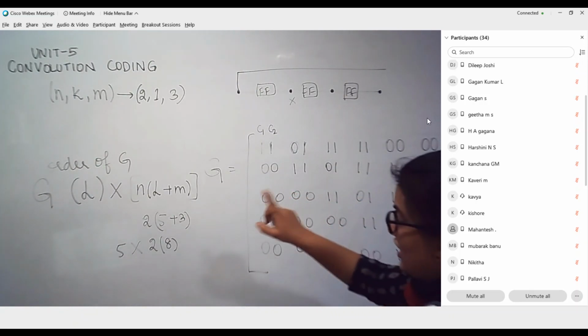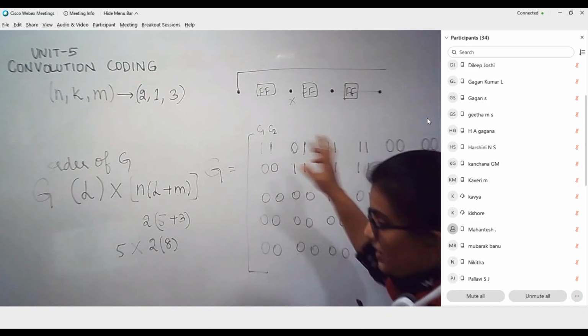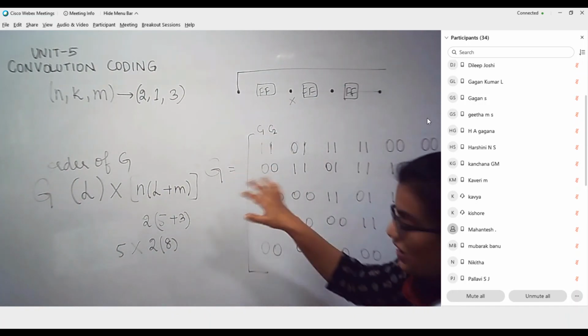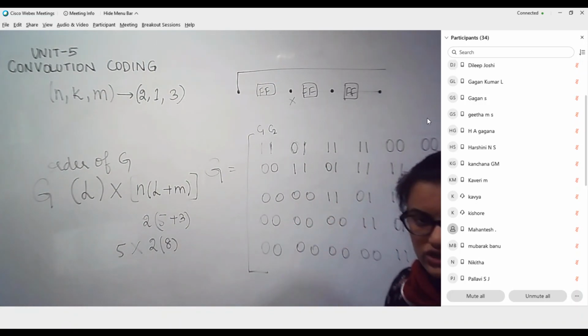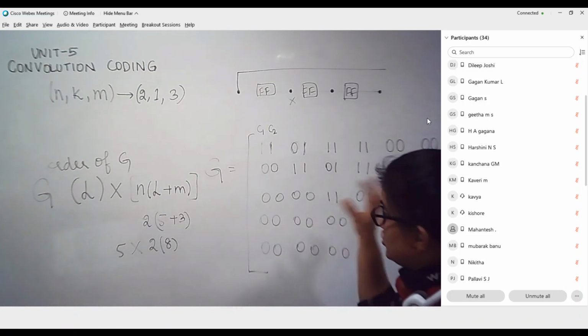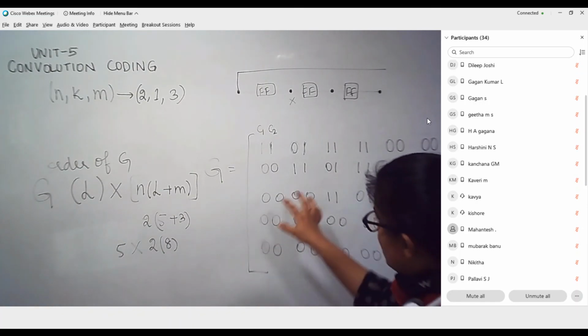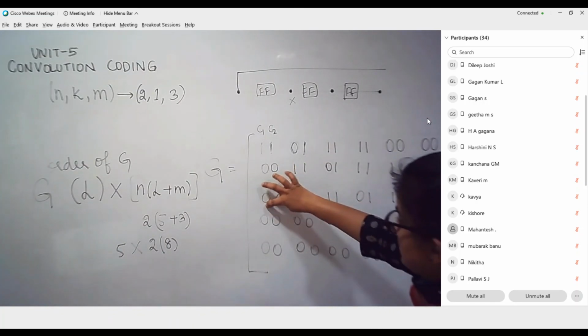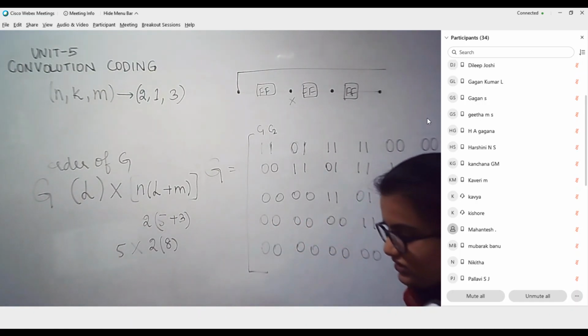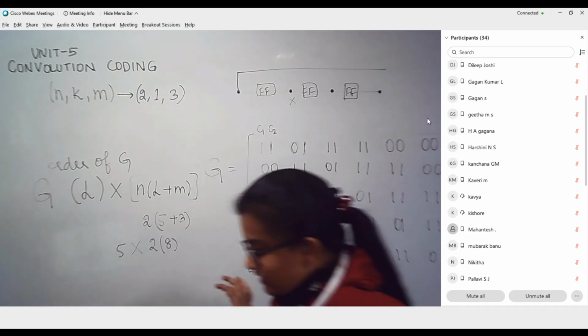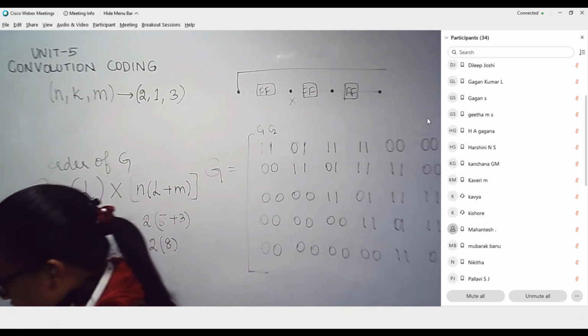But while putting the data bits from extreme right to left, make sure you put them in pairs only. The shifting should happen as per the pairs, not as per the bits. So this is how we can construct the generator matrix for the convolution encoder.